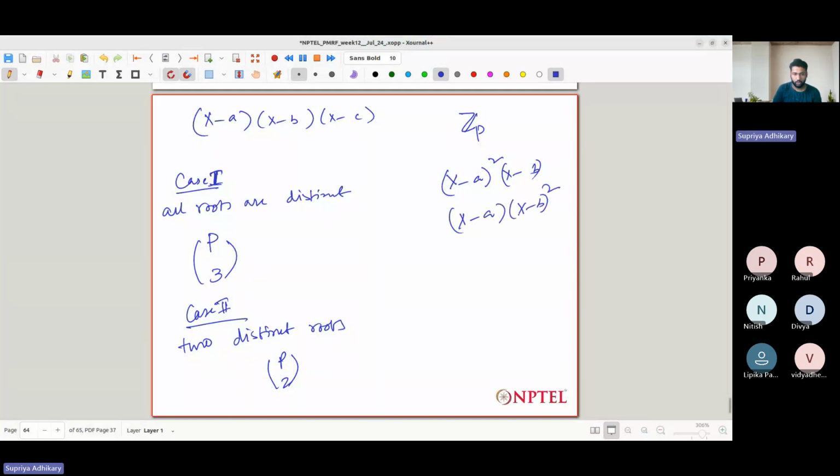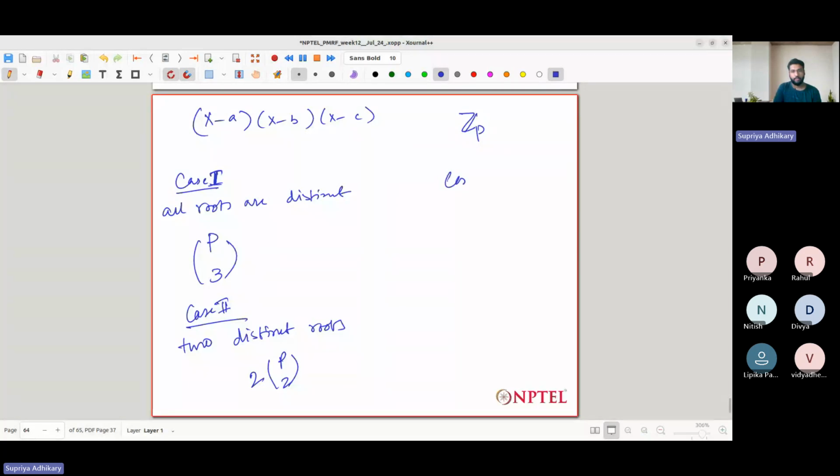So if we choose two distinct elements from ZP, we can construct the polynomial in this way. Therefore, it will be twice P choose 2. This is the total number of polynomials in case 2.